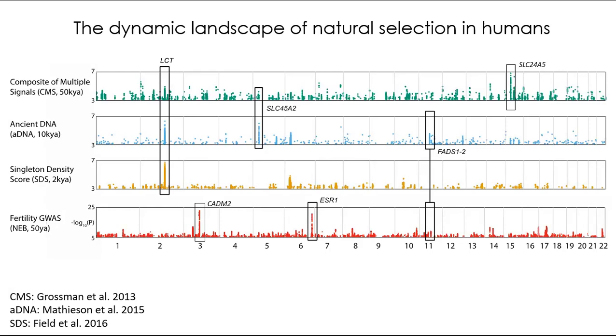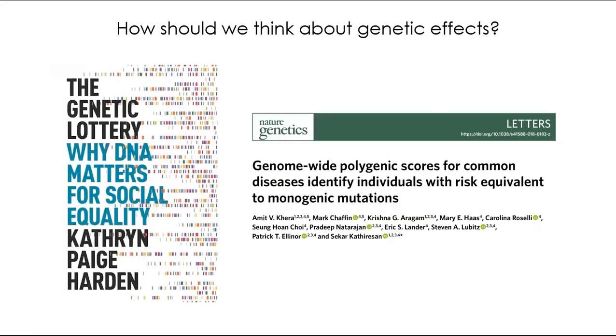So if the evolutionary pressures on these genetic variants are changing and are sensitive to changes in environment and culture, then the effects of those genetic variants are also changing and are also sensitive to changes in environment and culture. And if they're sensitive to changes over time, they must also be sensitive to differences in environment and culture today. And I think that is how we should really start to think about genetic effects.